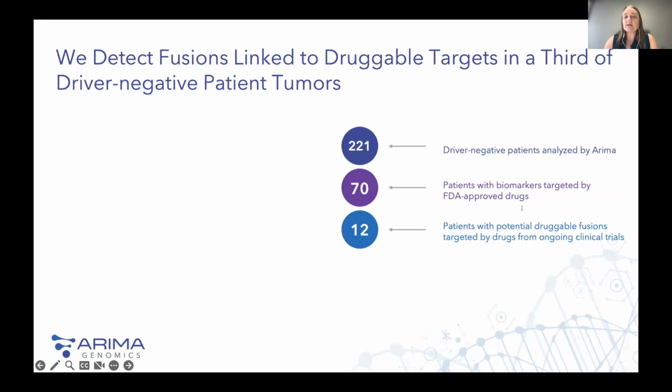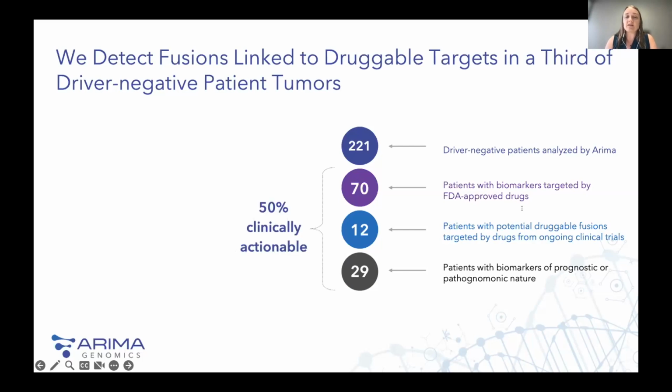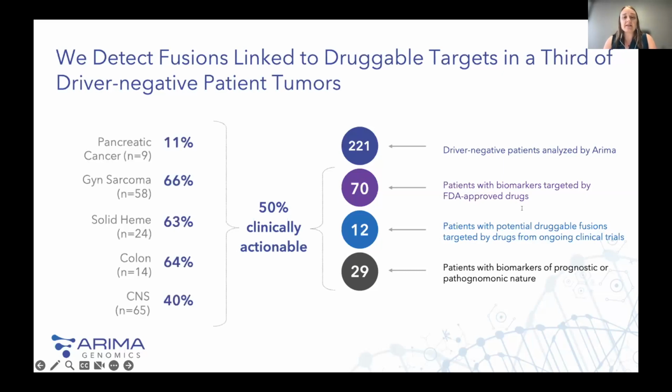In another 12 samples, we identified fusions associated with genes targeted by drugs in ongoing clinical trials. And in another 29 samples, we identified biomarkers with diagnostic or prognostic utility. So in total, we've identified biomarkers in 50% of the driver negative samples that could be clinically actionable. Although, as you can see here, the success rate varies depending on the tumor type.